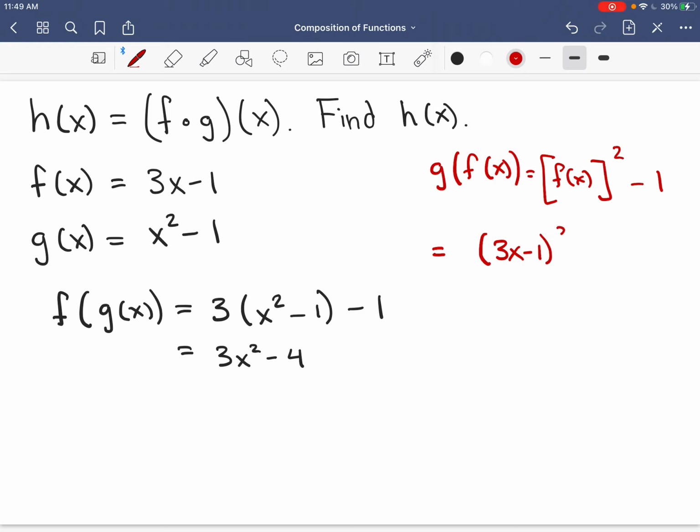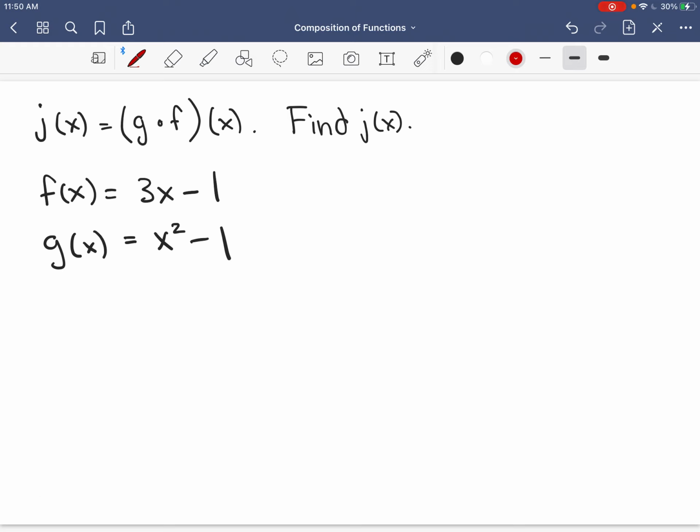So 3x minus 1 squared minus 1, and that's going to equal, you can trust me on this, 9x squared minus 6x plus 1 minus 1. So plus 1 minus 1, really we're just going to get 9x squared minus 6x. Now notice the composition f of g of x is not equal to g of f of x, and that's going to be standard.